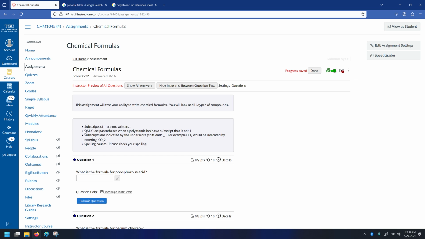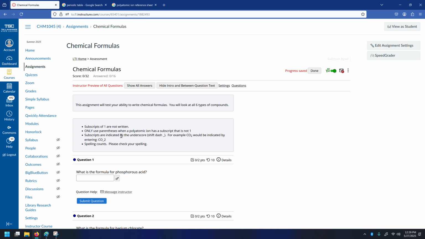We're only going to use parentheses for our polyatomic ions. Hopefully you've done the reading before you tried doing these homework problems. Polyatomic ions are collections of atoms that are stuck together covalently, but that ball of atoms has a net charge to it. And so they travel around as one group and behave just like other ions do.